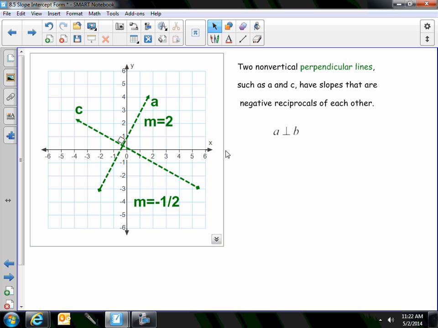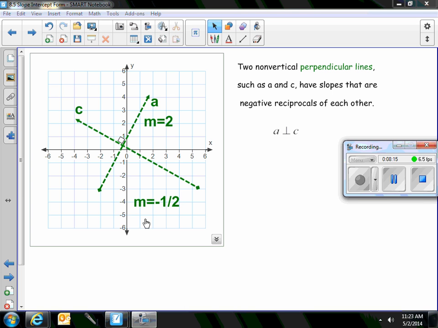Now in the perpendicular lines, notice it's like an intersection. It's indicated A is perpendicular to C. Now in this example, A is perpendicular to C, and you see the right angle there.